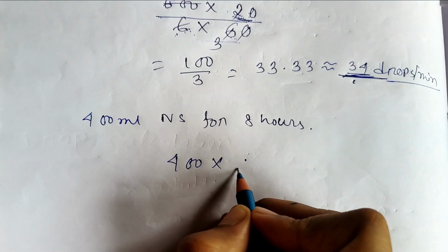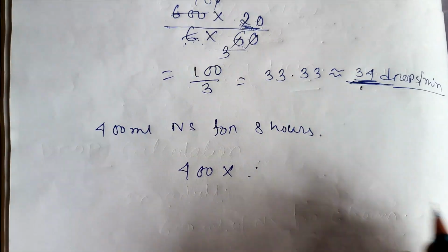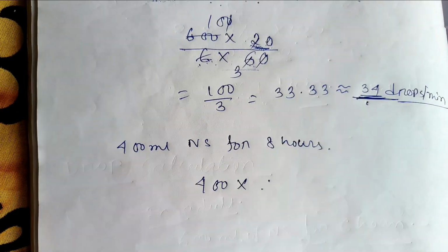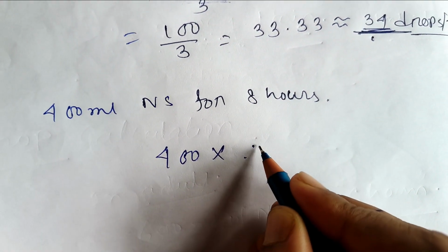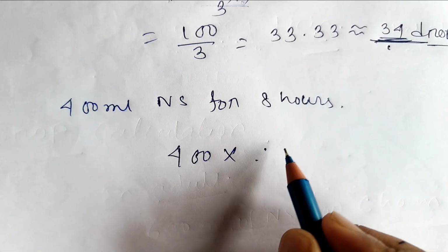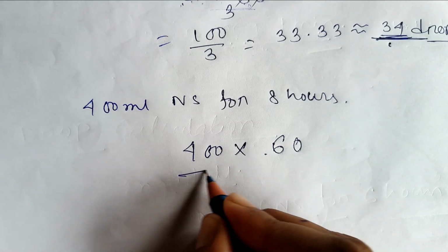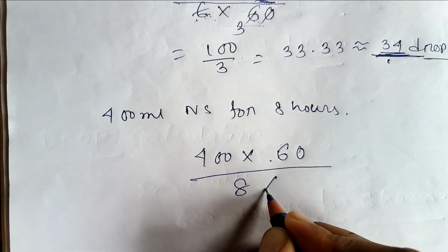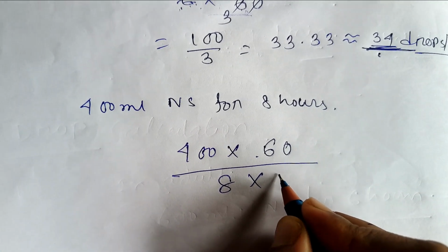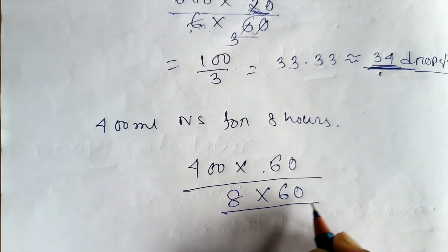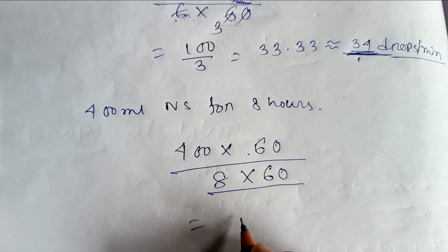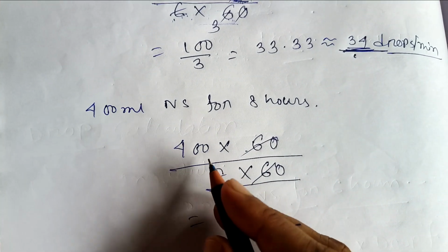The drop factor will change because in case of pediatric we use the micro drip set. So in that case the drop factor will be 60. Next, the total time is written as 8 hours, which should be converted into minutes. For that you have to multiply by 60.